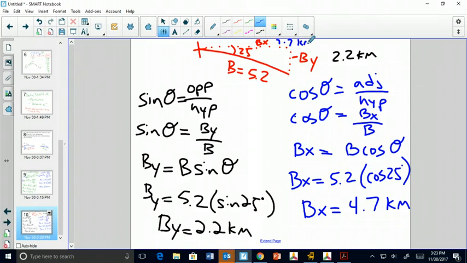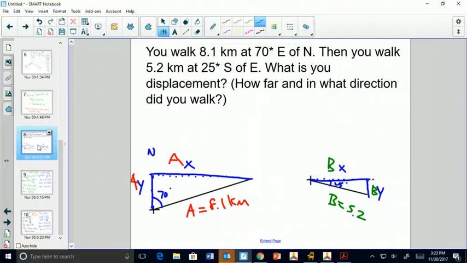Okay, so we've done this work so far to take these two triangles, the two vectors we were given, 8.1 kilometers at 70 degrees and 5.2 kilometers at 25, and I've broken them into their x's and their y's.